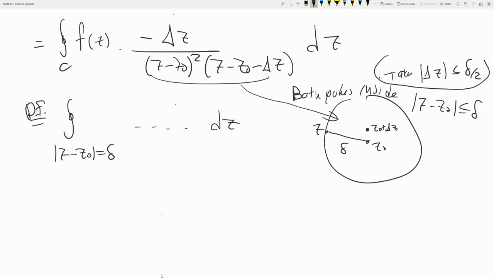That's why they take this to be less than delta over 2, to ensure that both poles, z naught and z naught plus delta z, are inside.